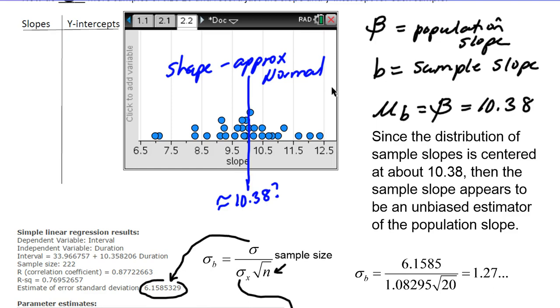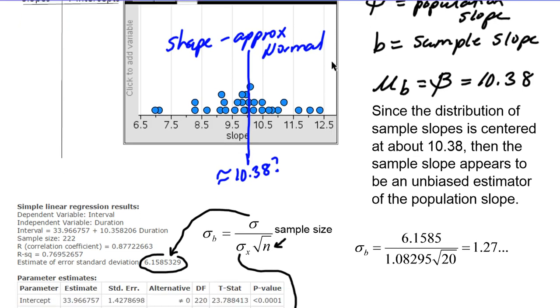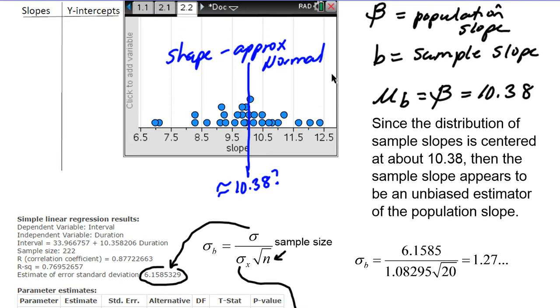What about the spread? Well, when we talked about sample means, the distribution of sample means centered around the true population mean, and its standard deviation was sigma divided by the square root of n, or the population standard deviation divided by the square root of the sample size.